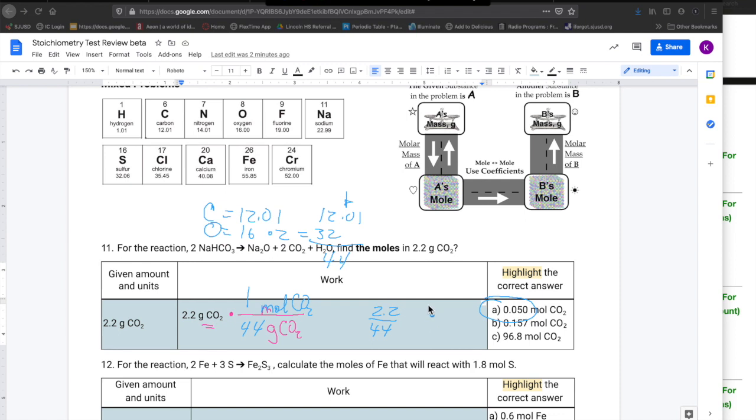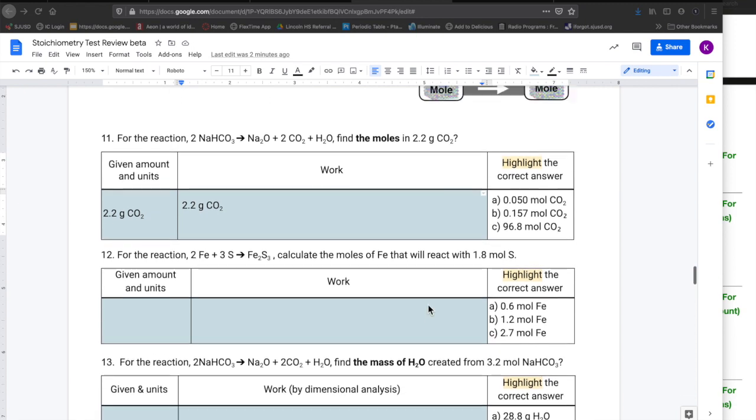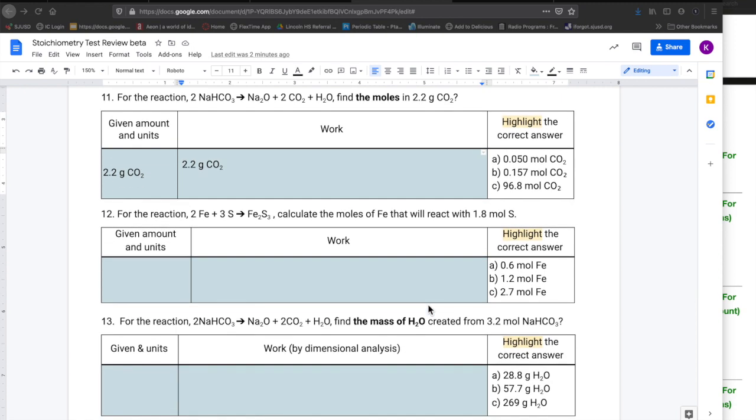So again, the mole roadmap or this decision tree helps you decide how many steps, and it also provides you with what to do and where to go and what steps to use. So we're going to start with 1.8 moles of S, and we're going to go to moles of Fe.